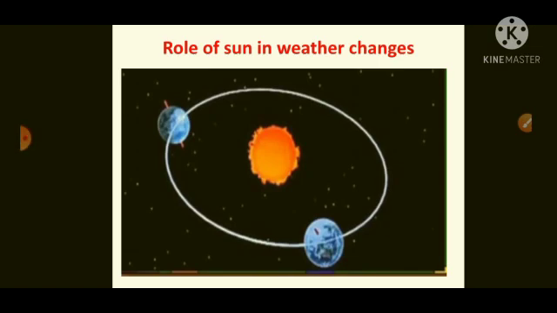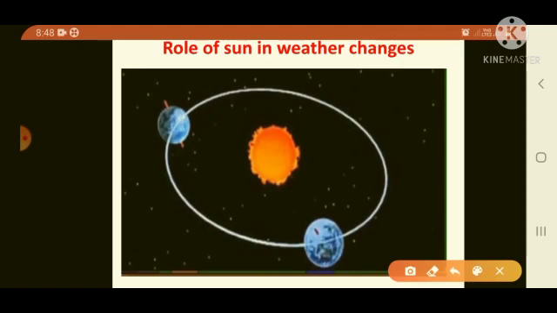The sun and the movement of the earth play an important role in the change of weather. When the sun rises, its rays are slanting. You can see here children in picture.